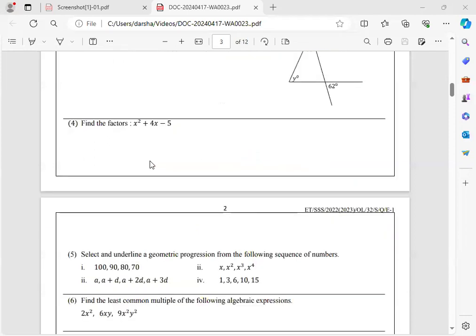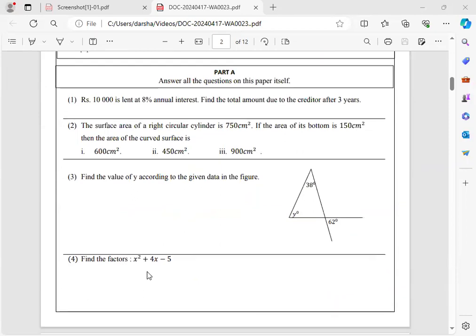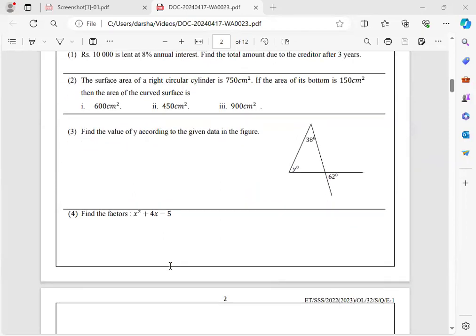Question number 4, what they are asking is find the factors of x squared plus 4x minus 5. So, how can we do this question? First of all, there are two methods. One is we can directly write it, or else a little bit long method also we have. Now, this is minus 5, right?